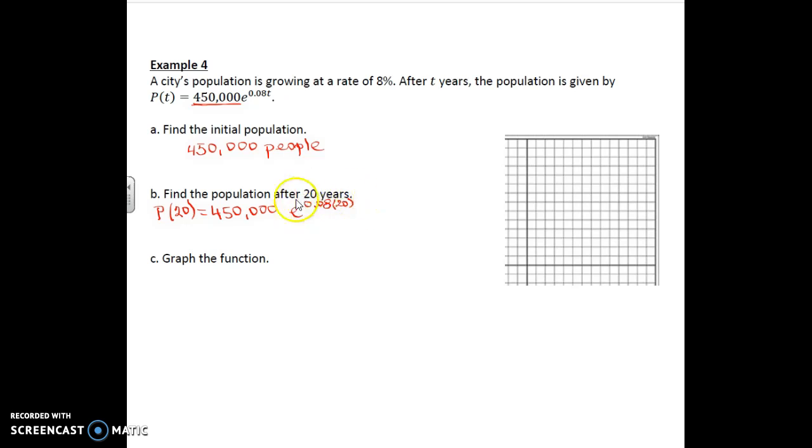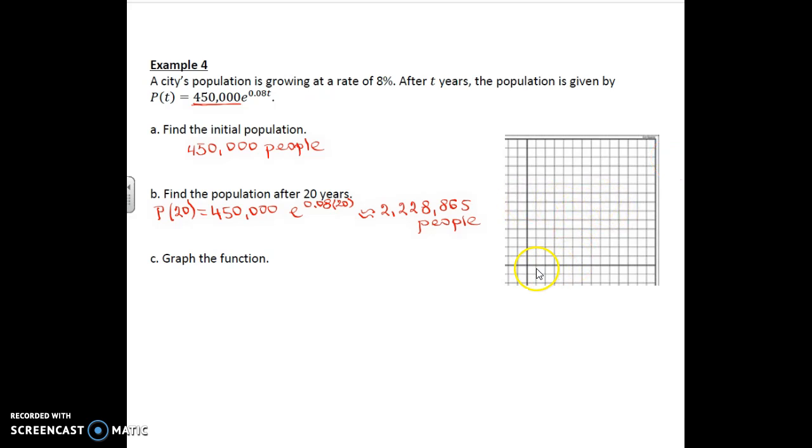Make sure that your exponent is all in parentheses. Otherwise, your answer will not be correct. That is approximately 2,228,865 people. Quite a big growing rate, I have to say.